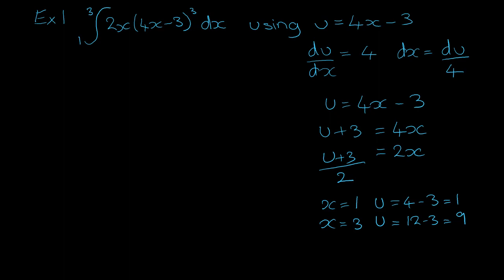So now we're going to rewrite the whole integral using u instead. We now have our limits 1 to 9. Our 2x was u plus 3 over 2. And then our brackets is going to become just u cubed, and du over 4 is going to replace our dx.